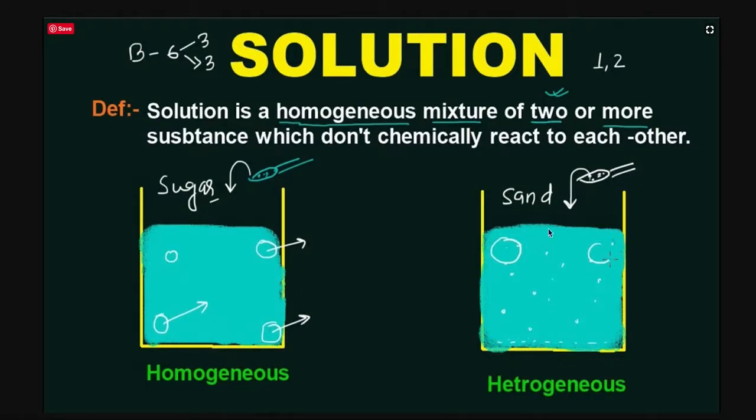But with sand, if I add sand to the bottom of this glass and stir, there might be a little whirlpool that forms, but eventually the sand would settle back at the bottom. It wouldn't spread out throughout the water, and the water's magnet would not be able to pull sand apart. Sand stays together. So sugar and water is a solution because it splits the sugar apart.